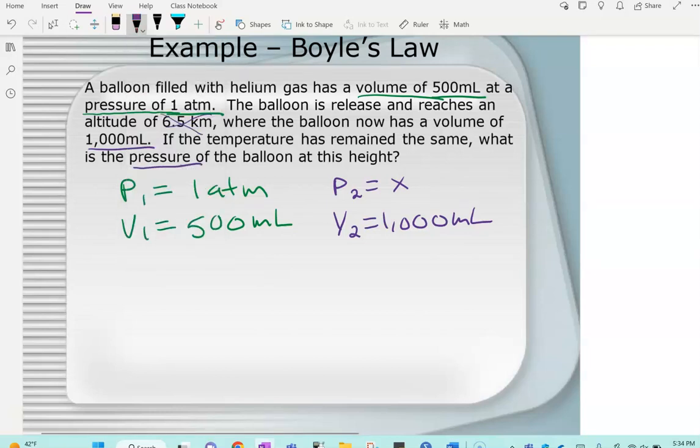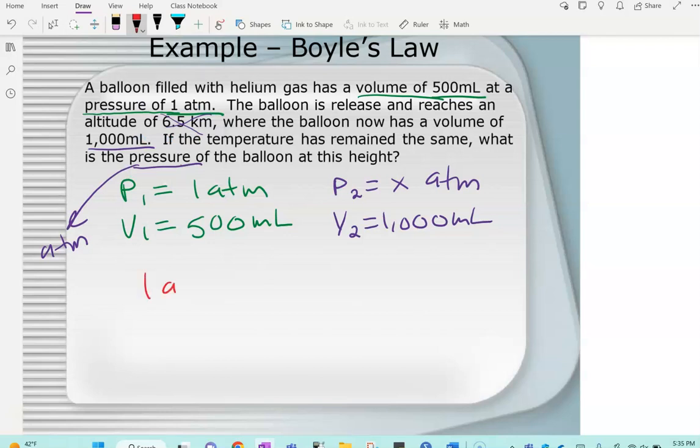Again, usually I'll tell you what I want the final answer in for pressure. So in this situation, I don't have to convert anything actually because my units of volume are the same, and right now what I have for my pressure is in ATM, and that's what I want my answer in.